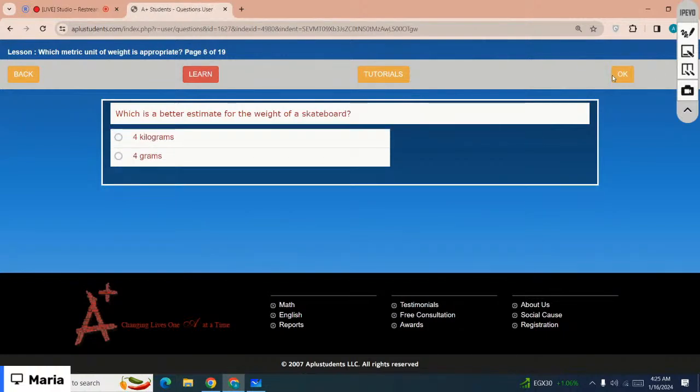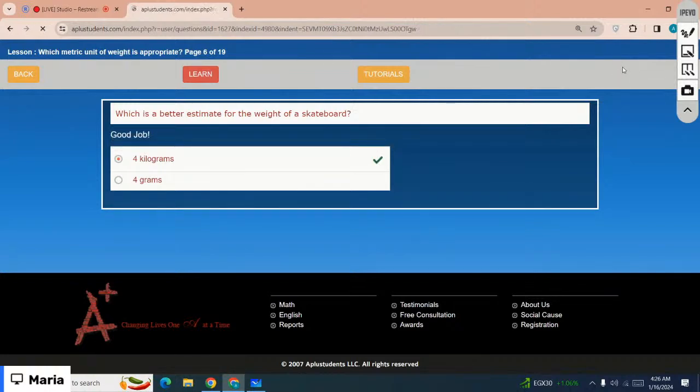Which is a better estimate for the weight of a skateboard? 4 kilograms or 4 grams? Which is the correct option? Yes, that is 4 kilograms, because that is a skateboard. 4 grams is too small for the skateboard, right?